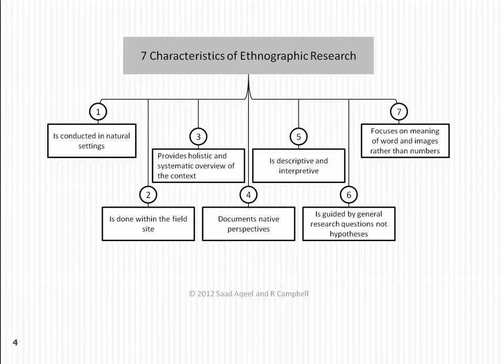So normally the anthropologist goes into the field with some general idea of what he or she wants to study among the group, but does not have specific hypotheses. That's because ethnographic fieldwork is really driven from the bottom up.